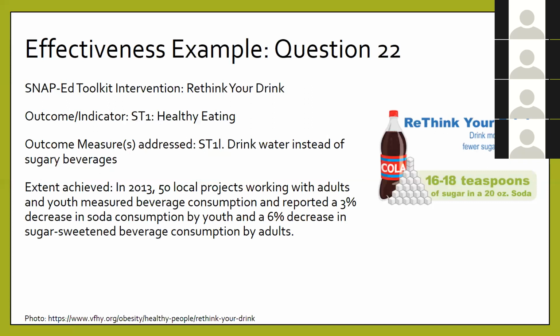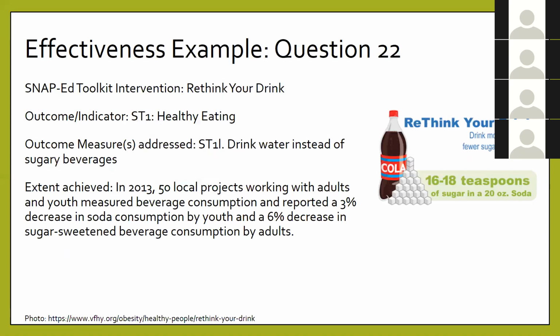The intervention provides nutrition education and recommendations for improving overall health, but specifically emphasizes reducing intake of soda, energy drinks, and sports drinks. So one indicator from the SNAP-Ed evaluation framework that this intervention addresses is ST1, or healthy eating.